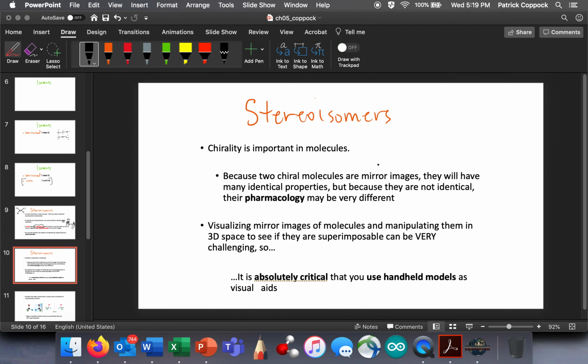All right, so chirality is very important in molecules, because, I would say, biology mostly. Biological systems are 3D, right? And so molecules approach each other in three dimensions.